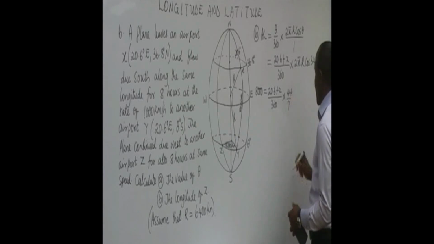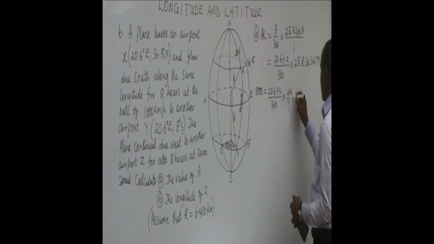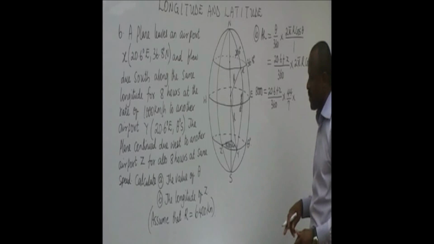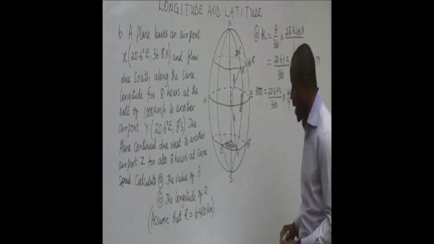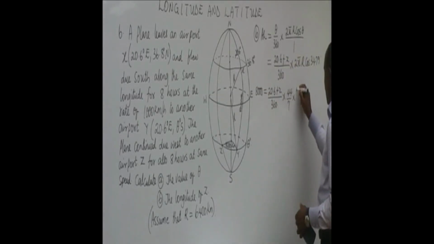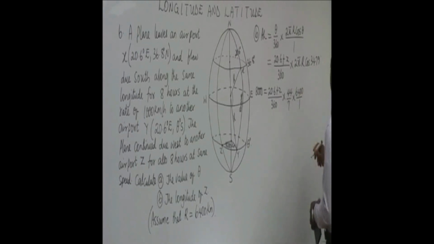I'm trying to be prudent with our space. Times our big R has the value of 6,400 as given by the question, so we have 6,400 all over 1. Then times cosine of this angle.